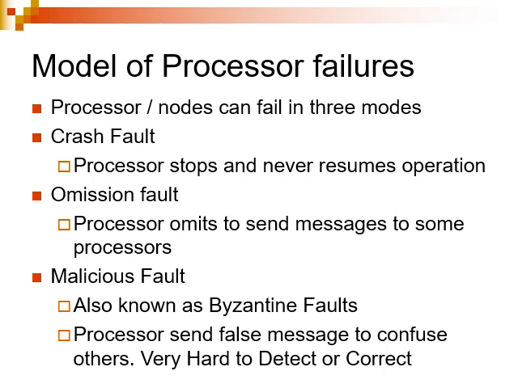Then the third type of fault is malicious fault. This fault is also known as Byzantine fault. In that malicious fault, a processor sends false messages to confuse the others. So this type of fault is very difficult to handle. A processor can change the messages, a processor can forge the messages, and processors can confuse other processors.